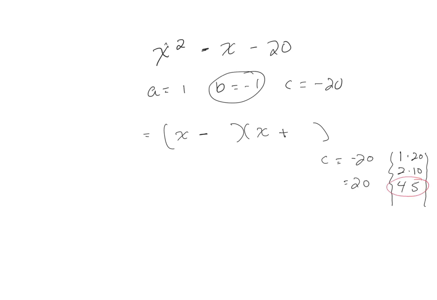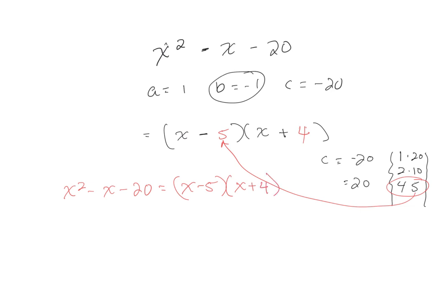I'm going to put the bigger number, 5, with the negative, and the smaller number, 4, with the positive. So x squared minus x minus 20 is equal to x minus 5 times x plus 4.